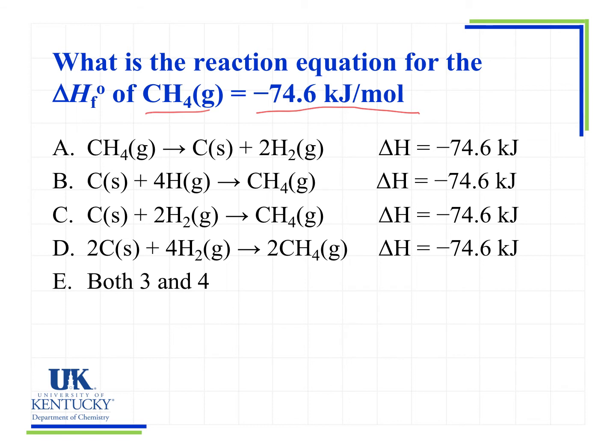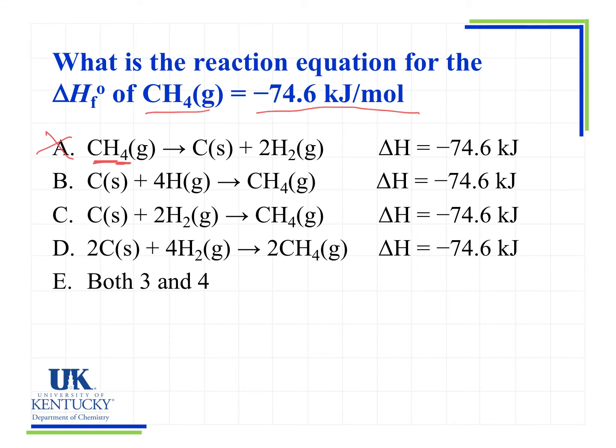By definition, the delta H of formation is the amount of energy to make 1 mole of the compound as the product. So that compound should be on the product side. If CH4 is in the reactants, that cannot be the answer.